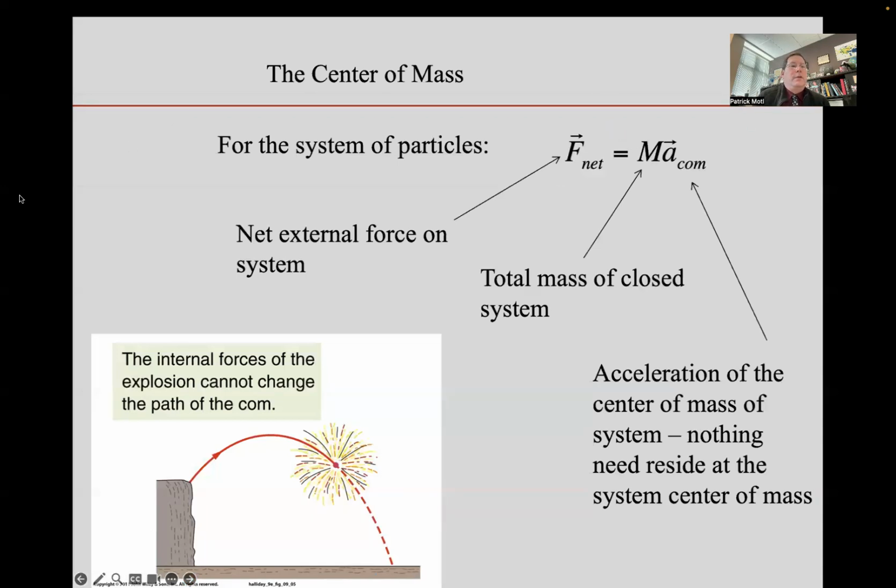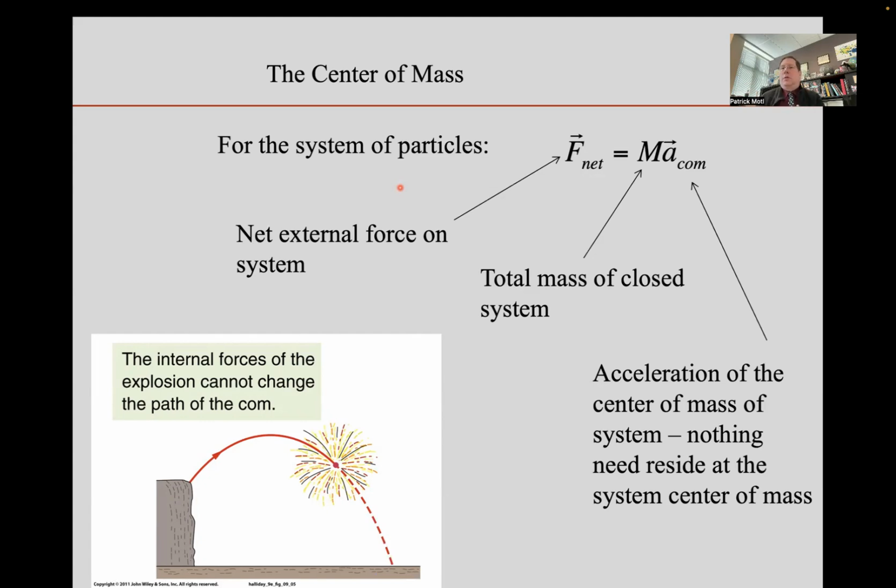One of the utilities of finding the center of mass of a system is you can work in that as a reference frame. So once I have the center of mass of a system of particles, then external forces are going to act to accelerate the center of mass.